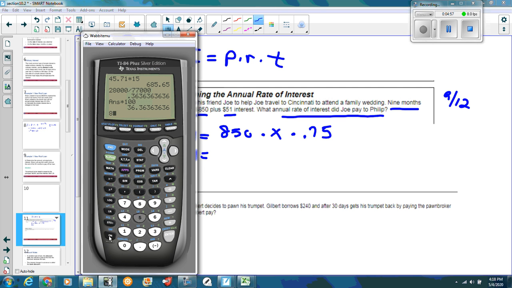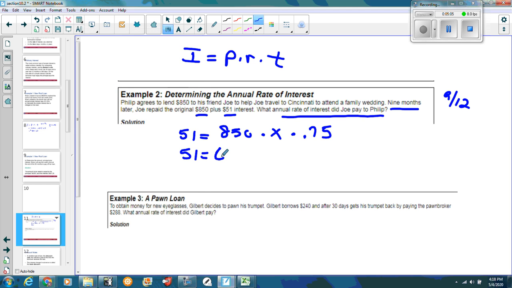So 850 times 0.75 gives me 637.5. So 637.5 x, that's an x. So now I'm going to divide by 637.5.